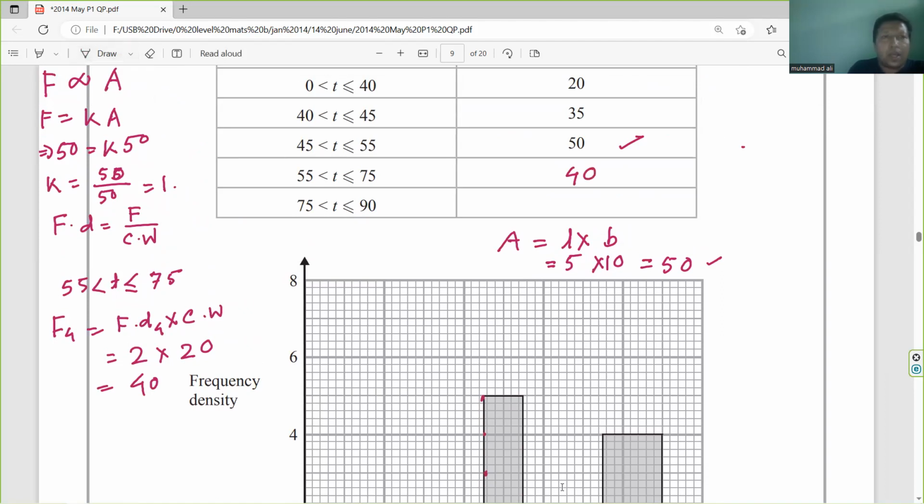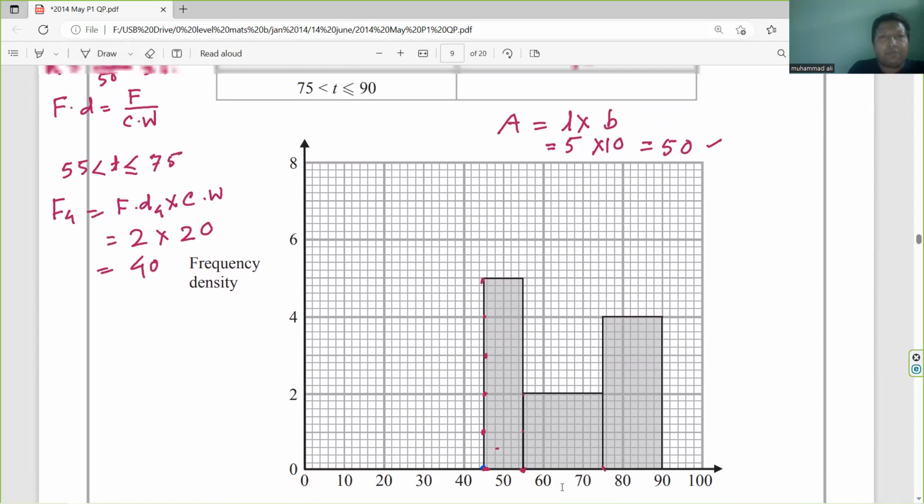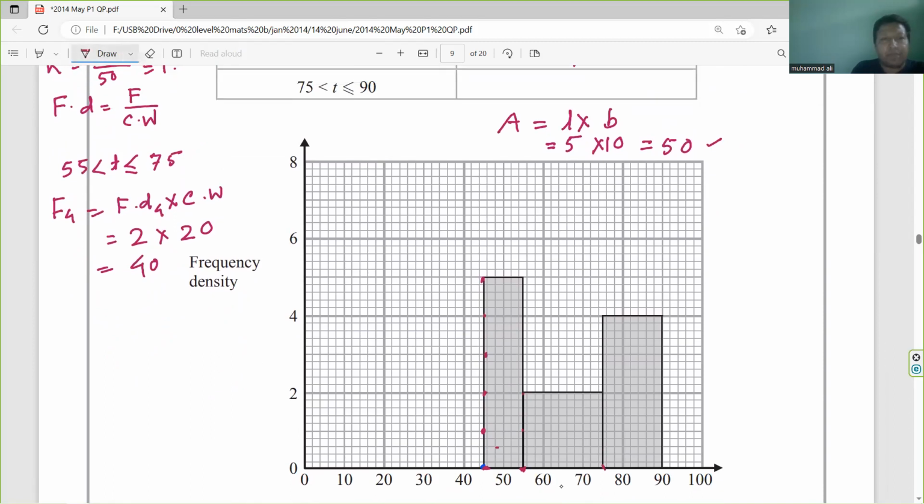Now again for 75 to 90, frequency equals frequency density multiplied by class width. What will be the frequency density?